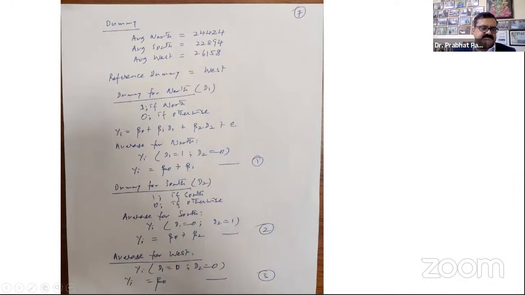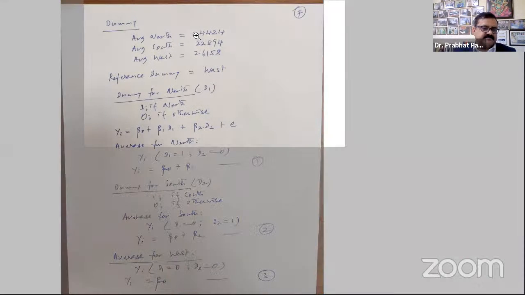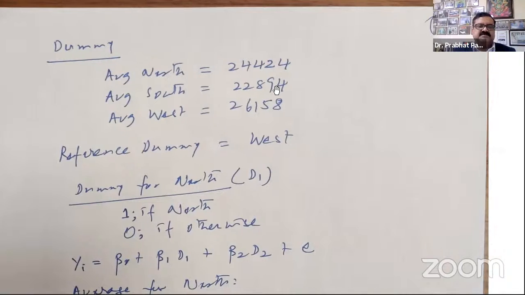You can see here, this is the average for the north, the average for the south, the average for the west, and I have kept it for you. So what is the hypothesis here? These are the salaries that teachers in the three different regions are getting. Seemingly, if you look at the numbers 24, 22, and 26,000, they are very different.